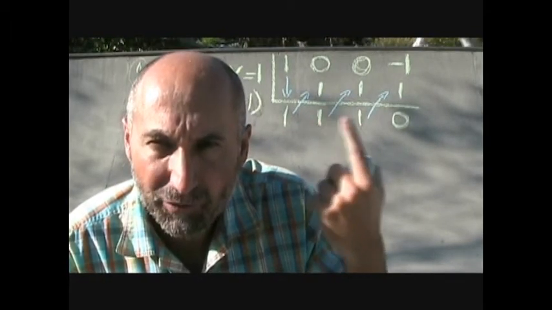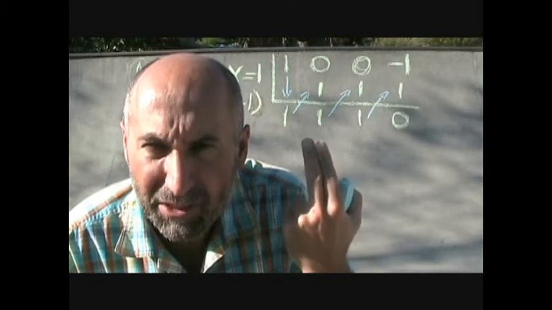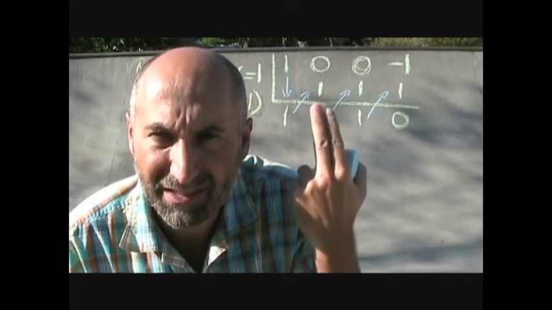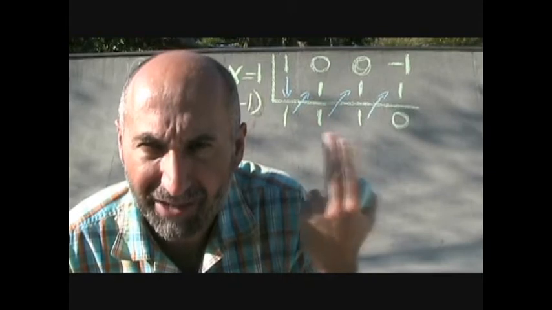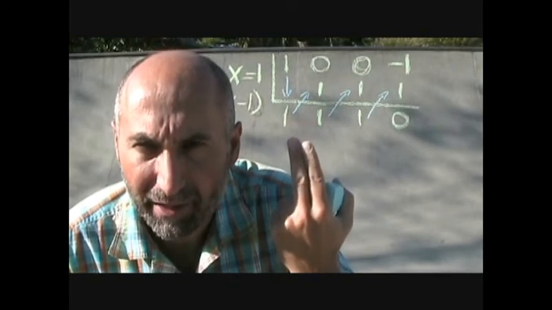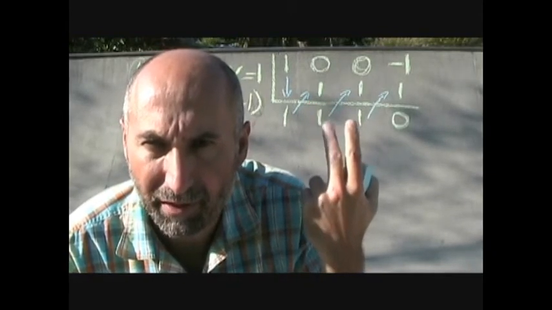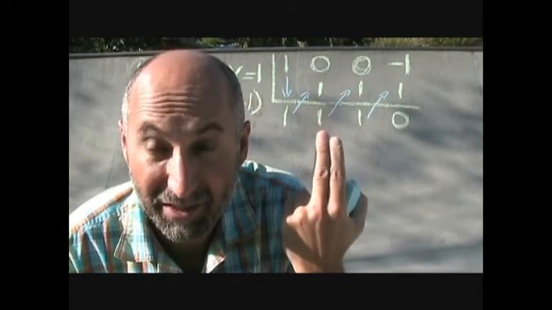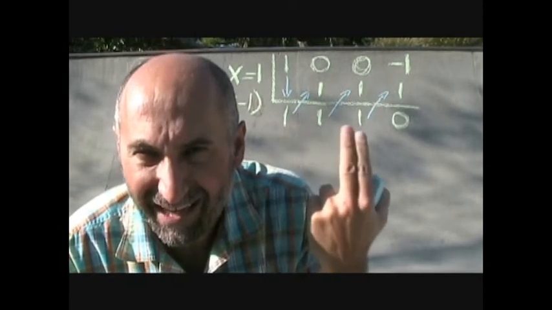If any of these terms were 0, it would just be a place marker for the missing x term, right? So if this one was 0, your factor here would have been x squared plus 1, because this term would be missing, but it's not. So we're going to fill in the x terms so you know what it looks like.